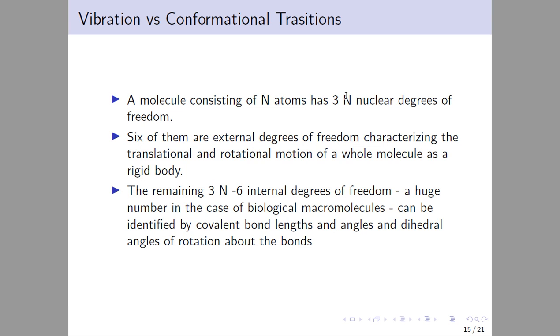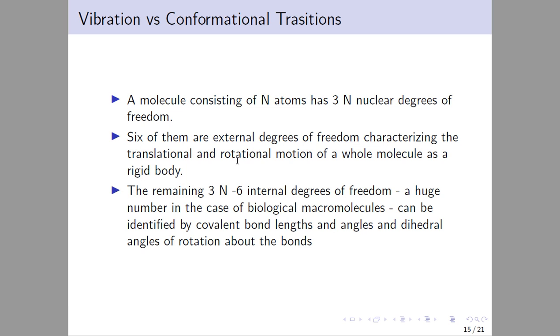Of these, the external degrees of freedom regard the translational and rotational motion of the whole molecule as a rigid body. Translational, the molecule is moving. Rotational, sambil dia berjalan tu, dia berputar.